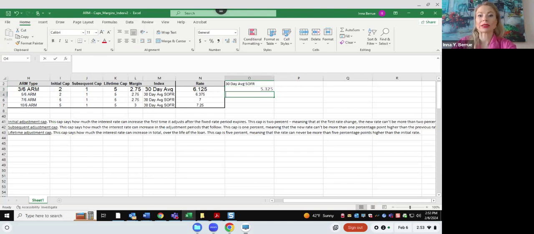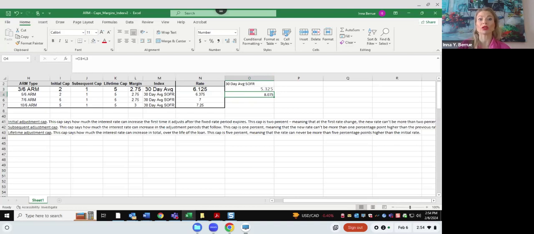So let's say if we were to reset it today, that rate would be 8.075, which is significantly higher than the rate of 6 1/8. But that's because that is what the average SOFR rate is. So again, if that ARM were to reset right now, that would be the rate, which would be the index value for the day plus the margin on that product.